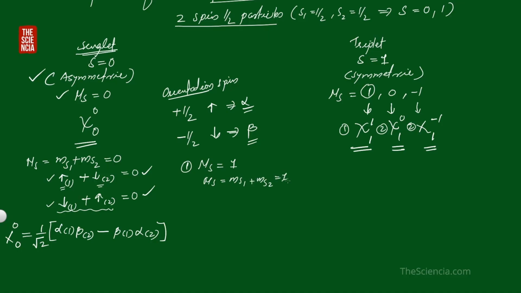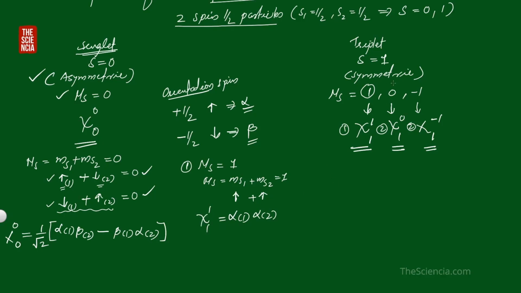That should be equal to 1. That means MS1 is spin up and this one is also spin up state. So we will get 1, right? MS equal to 1. Adding this half, we will get 1. So spin up state is represented by alpha, and the first particle is in spin up state and the second particle is also in spin up state. And this wave function is represented by chi 1, 1.